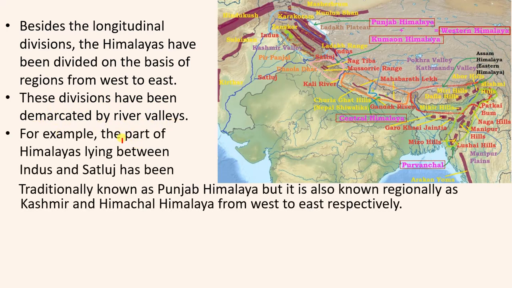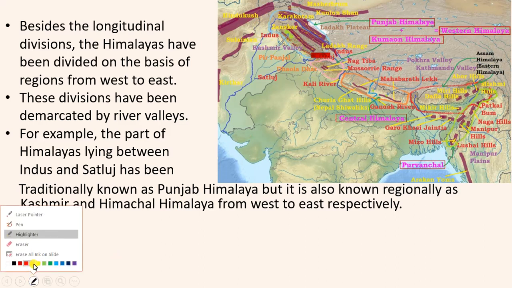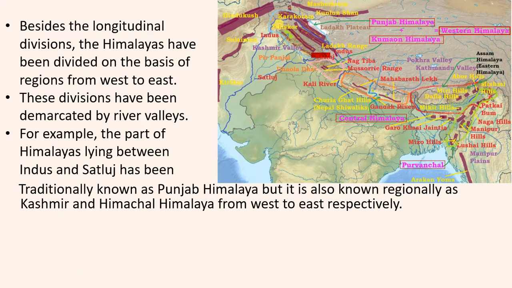For example, the part of the Himalayas lying between the Indus and Satluj. The Indus river is there and the Satluj river is here. Let me choose another color. This blue color is the Indus river, and this one is the Satluj river.